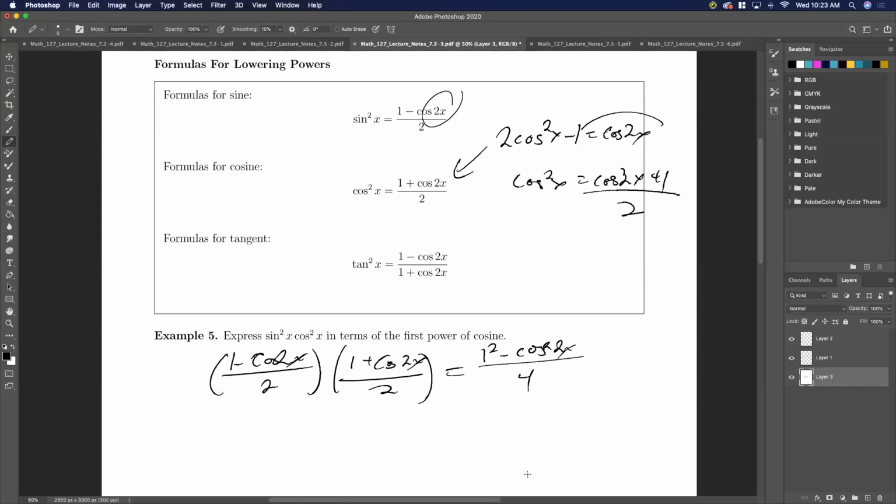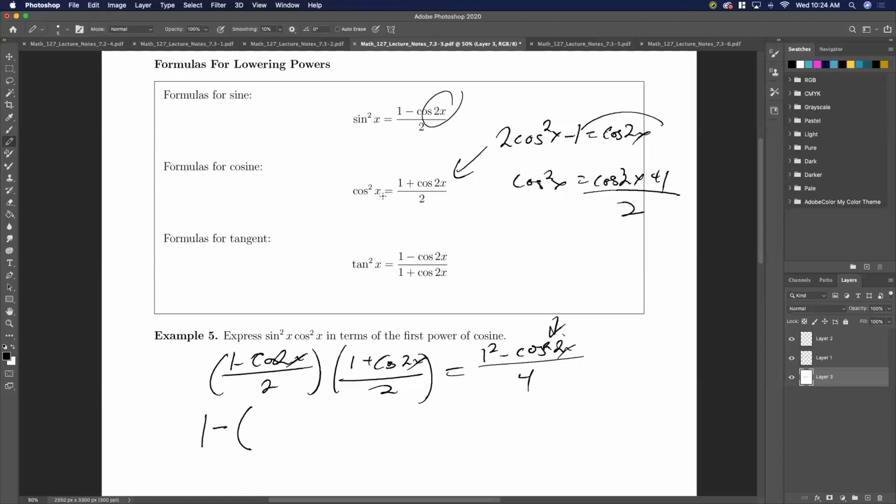Well, unfortunately, that gets us back to a power, so we're going to have to downgrade that. So here the 4 came from 2 times 2 gives us 4. Here if I have 1 plus something, 1 minus something, and I do the FOIL expansion, it's the first thing squared minus the second thing squared. So I'll have 1 minus, and then I'm going to reduce this down to cosine again.